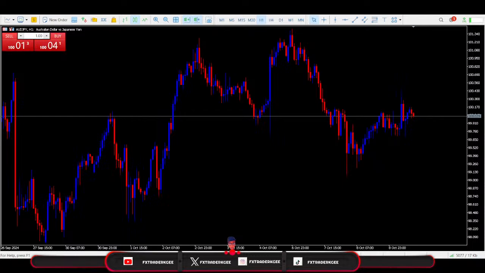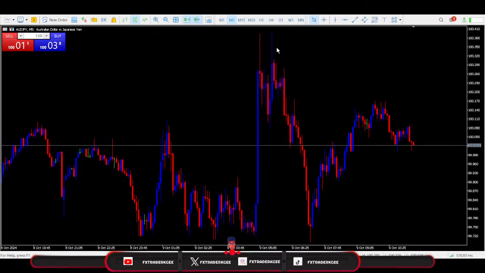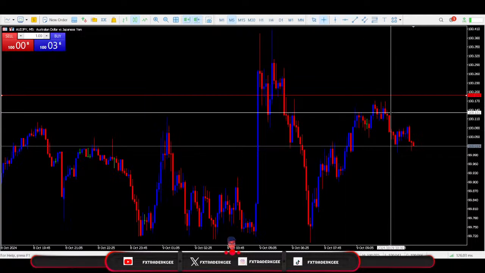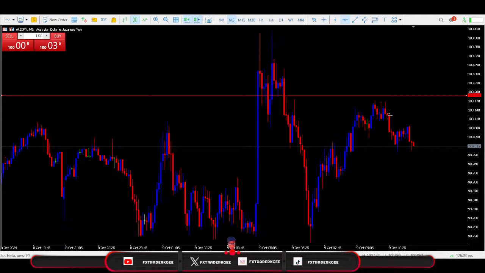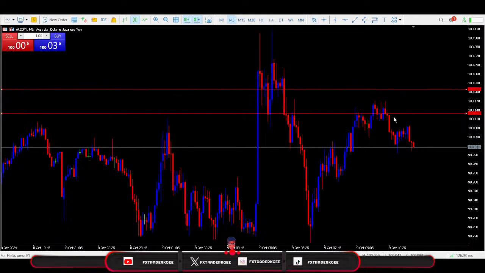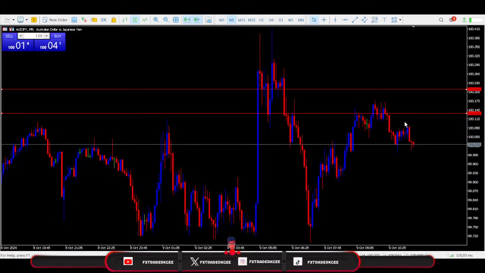Conditionally, if price goes against it, we can always have our stop loss somewhere above, since we took our entry somewhere around here. Our stop loss should just be somewhere above the nearest resistance level, since we are selling.